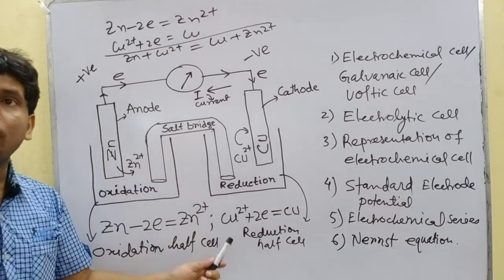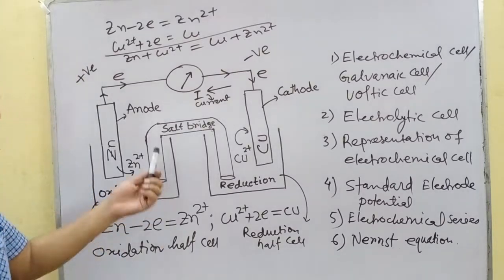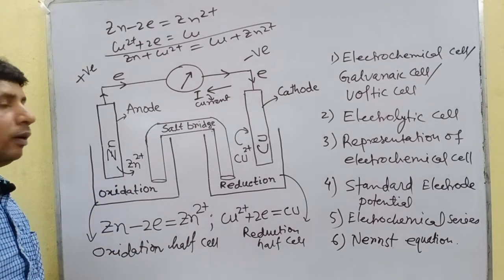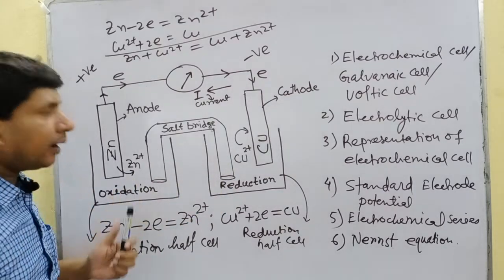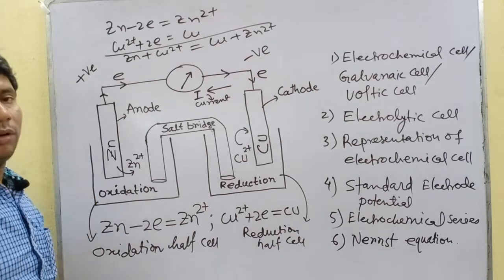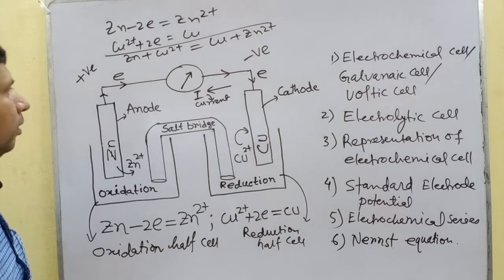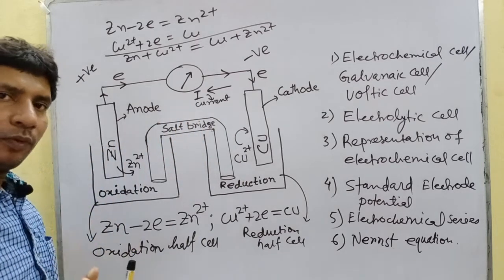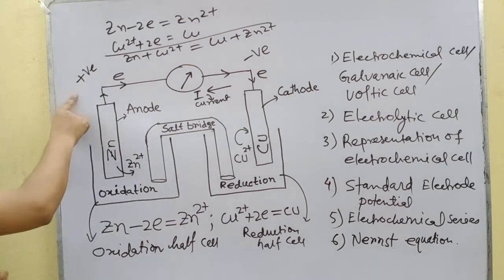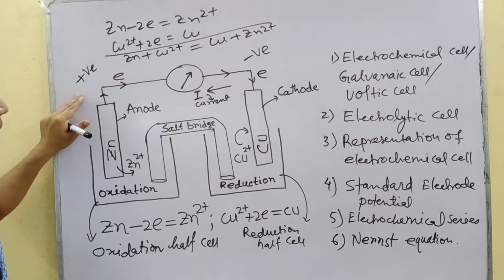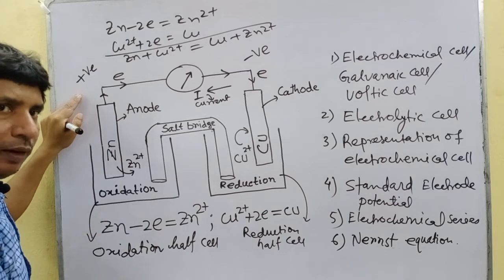Now so this is a salt bridge. What is the function of the salt bridge? The function of the salt bridge is it can connect two half cell, or this is the inner connection of the two half cell. তাহলে অ্যানোড ক্যাথোড আমরা বুঝতে পেরেছি। and what is this? This is a positive terminal in reduction half cell.